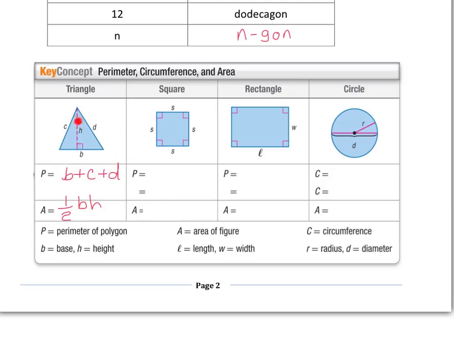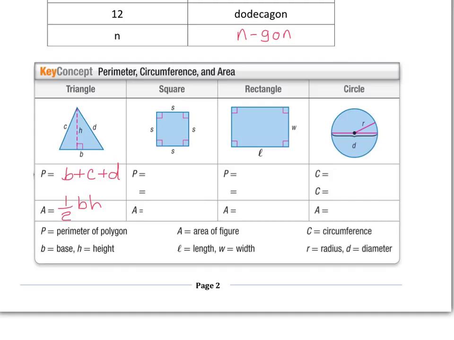That means drop to the opposite side at a 90-degree angle, and whatever that opposite side is, that would be the base. So the area would be 1/2 base times height. That should be somewhat intuitive to you because the base times height is the area of a rectangle, and we could always make a triangle half the area of a rectangle. So that should make some sense to you.